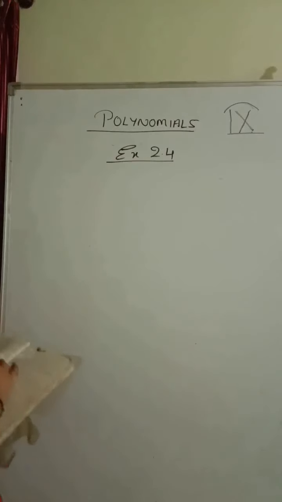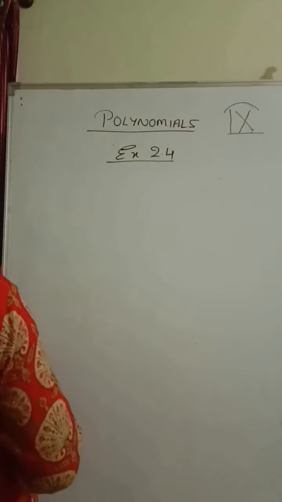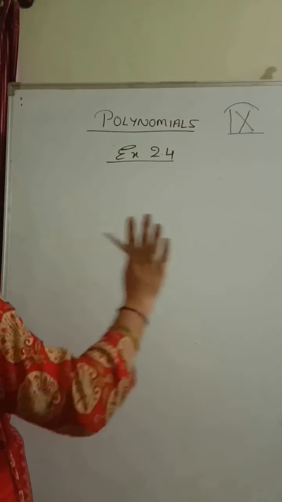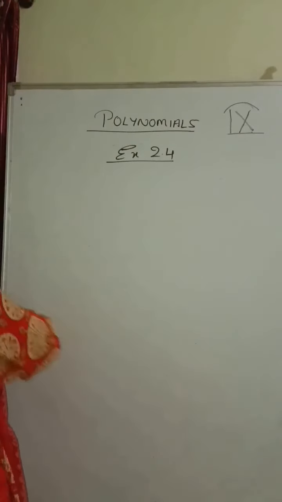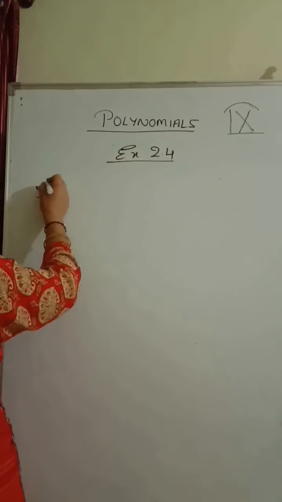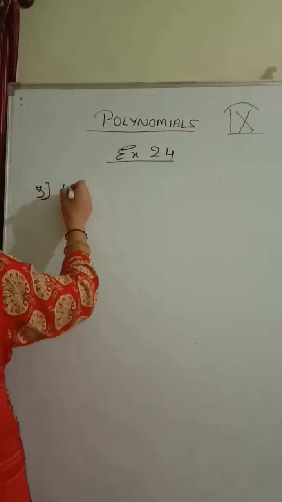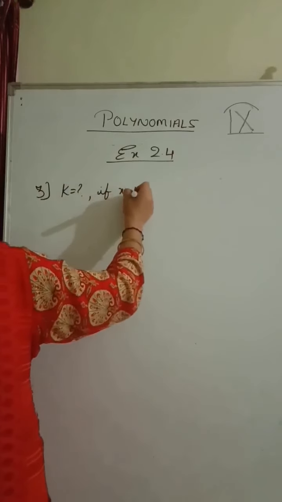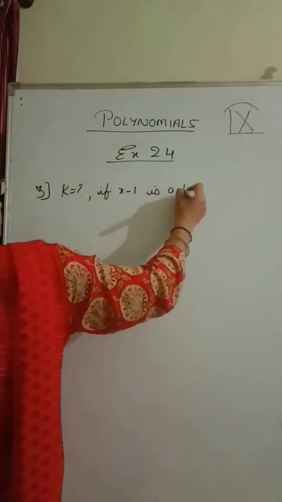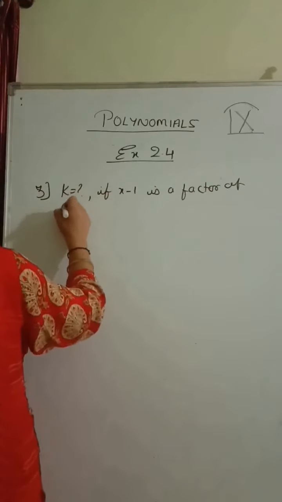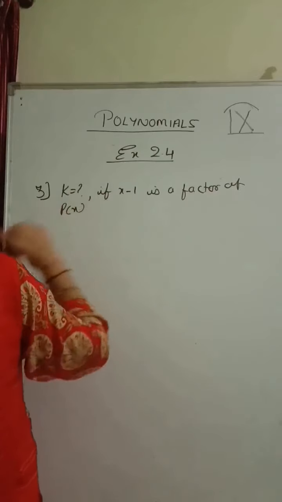So our second part is polynomial of x. Second part or third part you can do yourself. Okay, similar like this. Let us do third question. Third question, find the value of k if x minus 1 is a factor of polynomial of p x in each of the following cases.